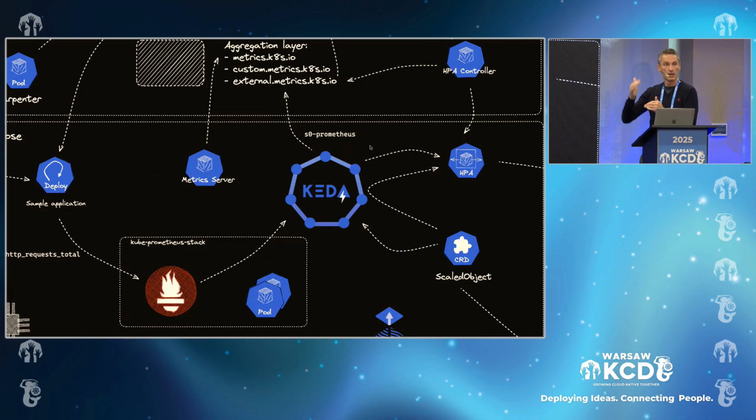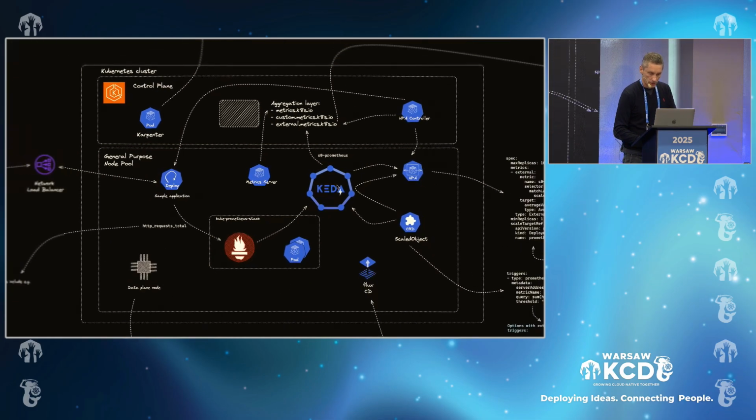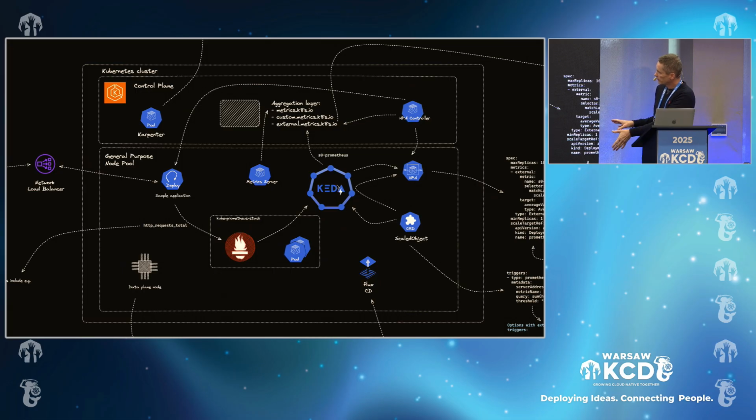HPA will go down to 1 replica, so down to 1 pod, and if it needs to go from 1 to 0, or from 0 to 1 if we are scaling out, KEDA will intervene, so it gets onto the stage, and uses the sub-resource, an object sub-resource within the Kubernetes API that allows it to bypass the HPA controller and actually scale from 0 to 1 or 1 to 0. So, a very brief overview of KEDA.